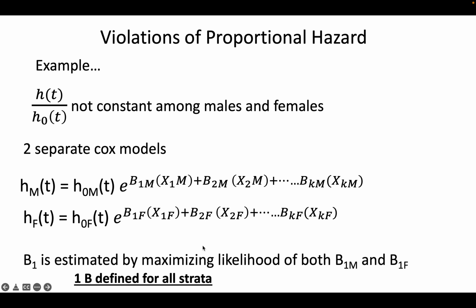Typically when we do stratified analysis, we get a different measure of effect for the 2 strata, or the 3, however many strata. But this is another idiosyncrasy of Cox regression, where we can get one beta that describes both strata, even though we estimated beta through a stratified process.